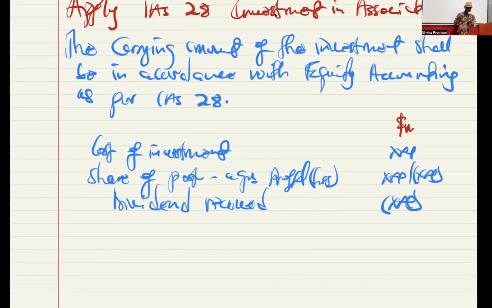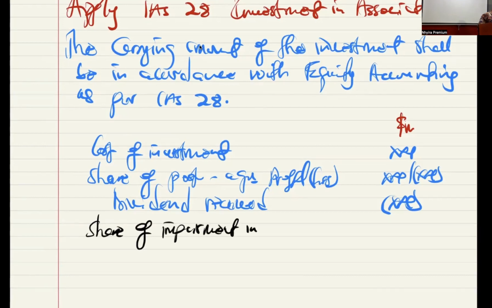So we bought some shares in a business, then the shares suffer impairment, the whole business suffers impairment. So we are going to be bringing in our share of impairment in investments in associate.